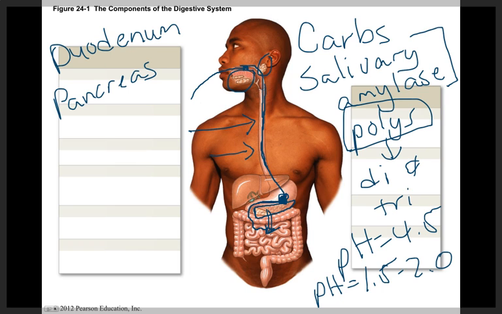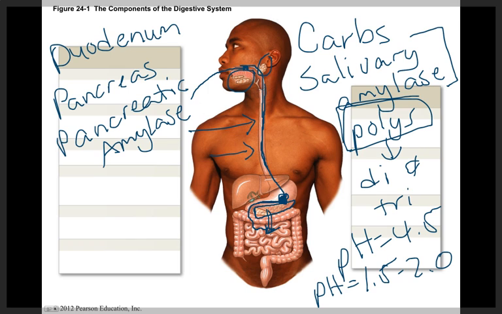One of the substances that the pancreas secretes is called pancreatic amylase. What pancreatic amylase does is break down polysaccharides into di and trisaccharides, because pancreatic amylase can work at a lower pH. Okay, so we're going to end up with these di and trisaccharides. Now if you figured this out, amylase means an enzyme that breaks down carbohydrates.